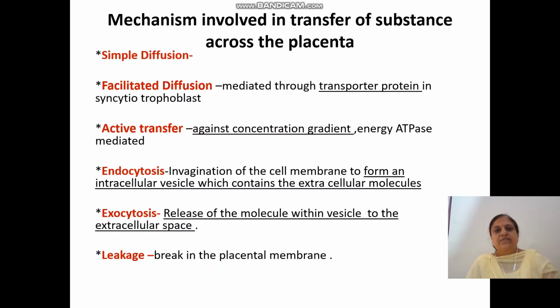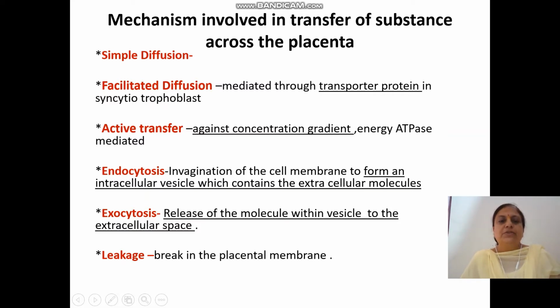Mechanisms involved in transfer of substances across the placenta: simple diffusion; facilitated diffusion, mediated through transporter proteins in syncytiotrophoblast; active transfer against a concentration gradient, where energy is required and ATP is involved. Endocytosis helps in invagination of the cell membrane to form an intracellular vesicle which contains extracellular molecules, so it helps in the intake of the substance.